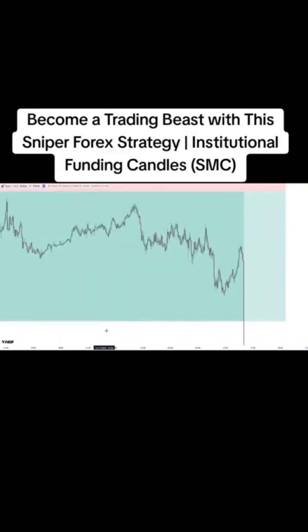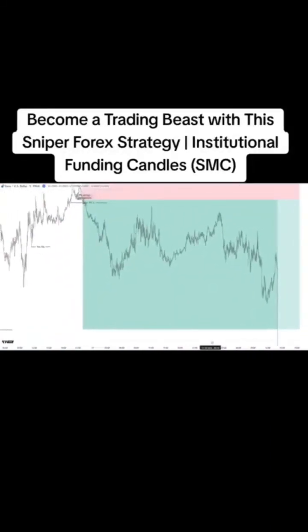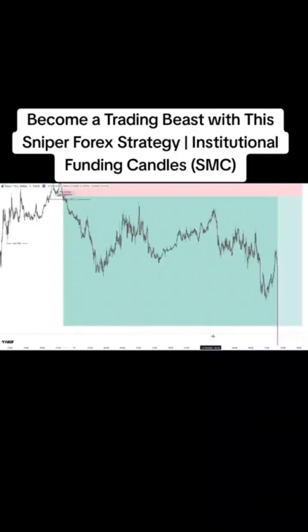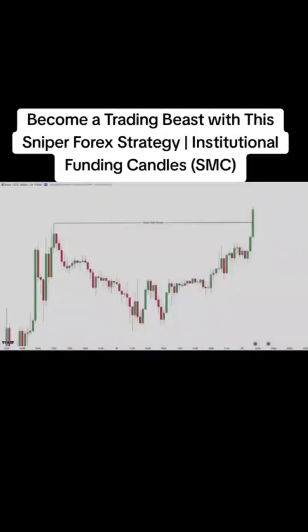Finally, the price has successfully reached the take-profit level. Now, let's move on to another example to further solidify this concept.